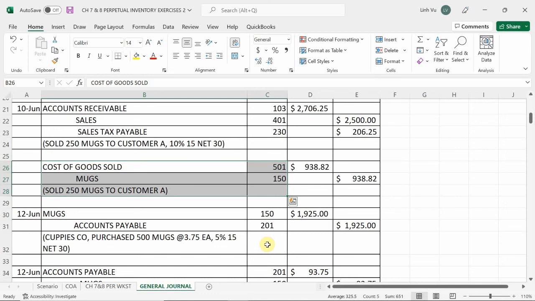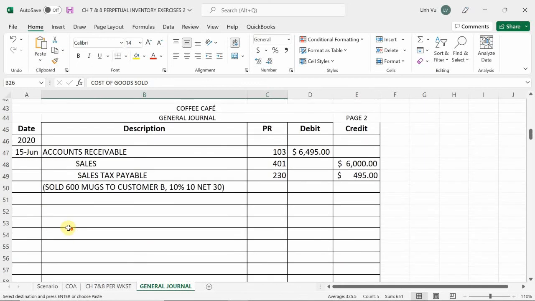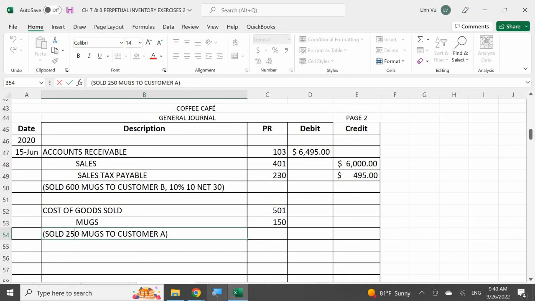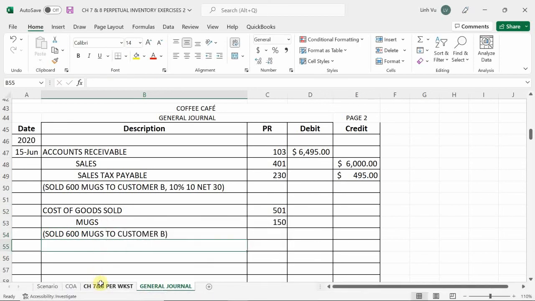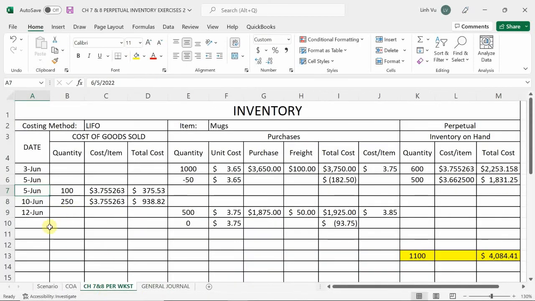You need to figure out how much it costs you to sell those items. Cost of goods sold. Okay, so in this case, I have to go to my inventory worksheet and calculate this total.